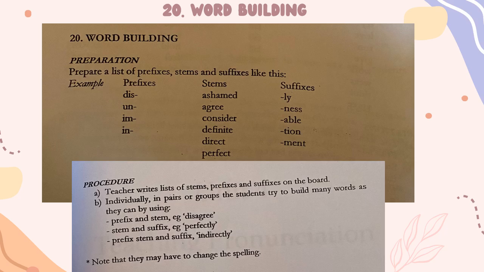You can ask them to create as many words as they can, using the prefixes and suffixes and stem words that you give them. And you try to correct them if they don't use the correct affixes, or you may let them know that some suffixes or prefixes do not go with certain words.